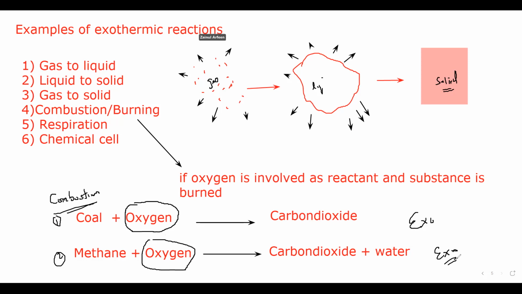Is it clear? The concept of combustion reaction: when we burn a substance in the presence of oxygen, oxygen is always involved as a reactant in a combustion reaction. So we call them exothermic. Overall, in terms of energy, it will be an exothermic reaction, and the category of the reaction is known as combustion or burning.